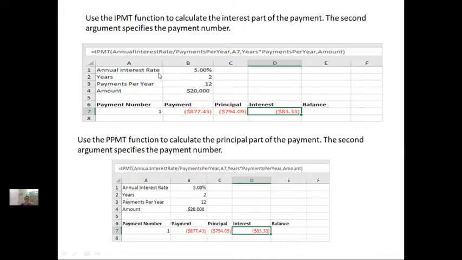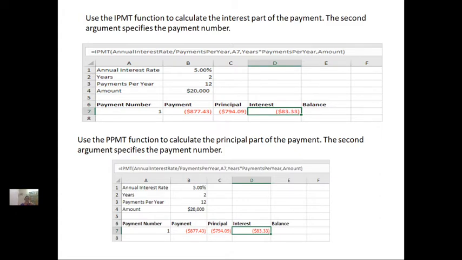Here the annual interest rate is 5.00%, years is 2, payments per year is 12, amount is $20,000, payment number is 1, payment $877.43, principal is $794.09, interest $83.33. Okay, and the next function is the PPMT function, to calculate the principal part of the payment.